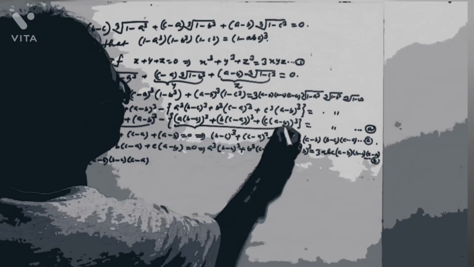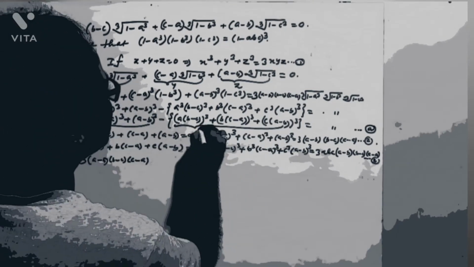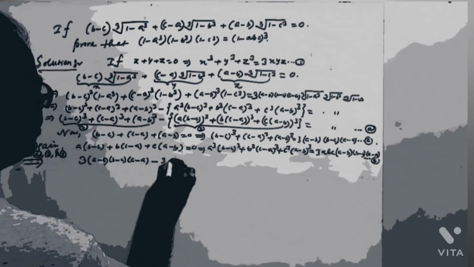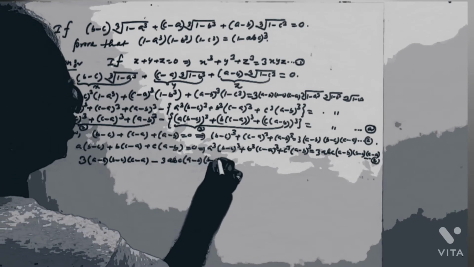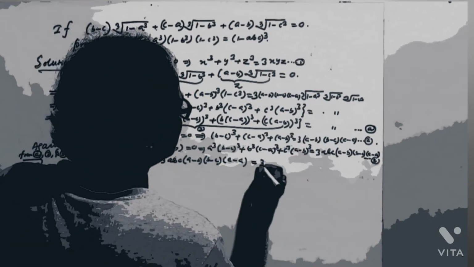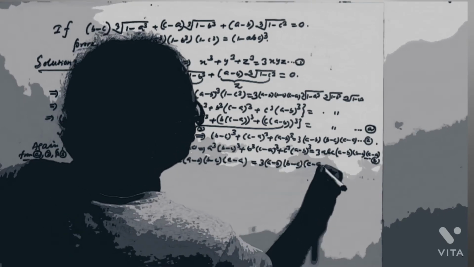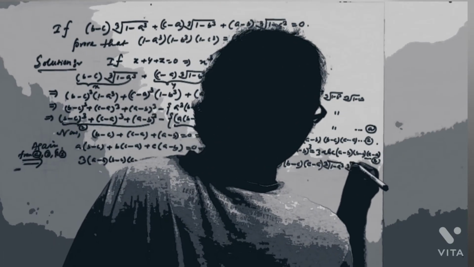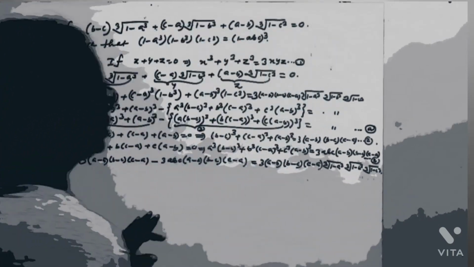And for this figure, here is 2, we put here 3. So this is 3 times abc (a minus b)(b minus c)(c minus a) equals 3 times (a minus b)(b minus c)(c minus a), times the cube root of (1 minus a cube), cube root of (1 minus b cube), cube root of (1 minus c cube).